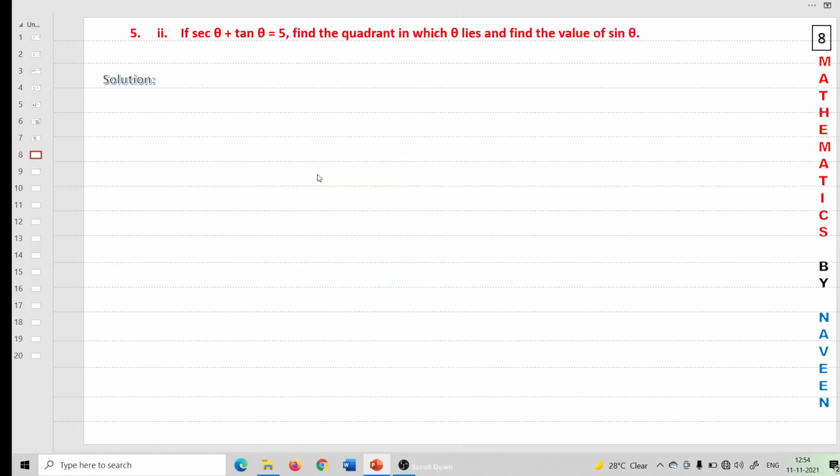Right? Next problem. If secant theta plus tan theta is equal to 5, find the quadrant in which theta lies and find the value of sin theta. Similar to the previous problem. See, given that secant theta plus tan theta is equal to 5.